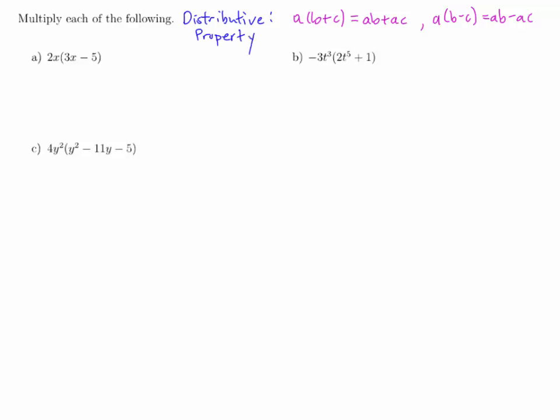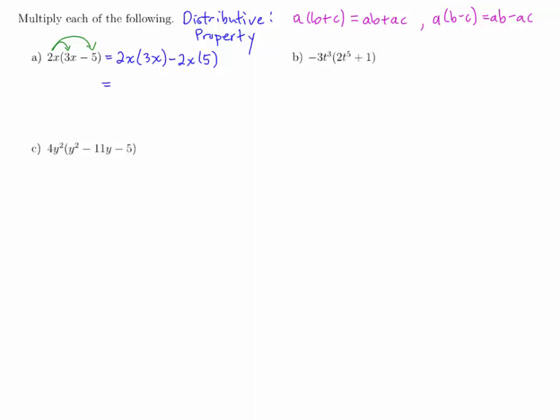So for this first example, we have the expression 2x times the expression 3x minus 5. So the first thing that we'll want to do is to distribute that 2x across. And so this will be 2x times 3x minus 2x times 5. And now we have a monomial times a monomial minus a monomial times another monomial.